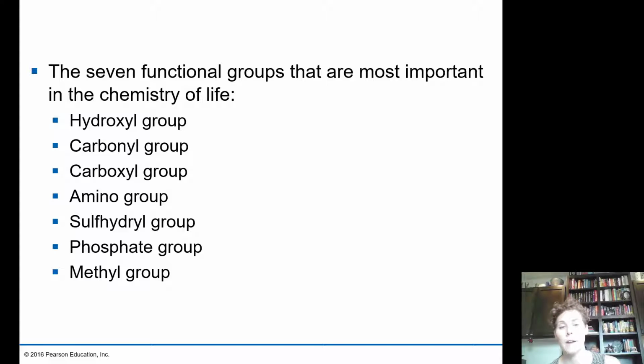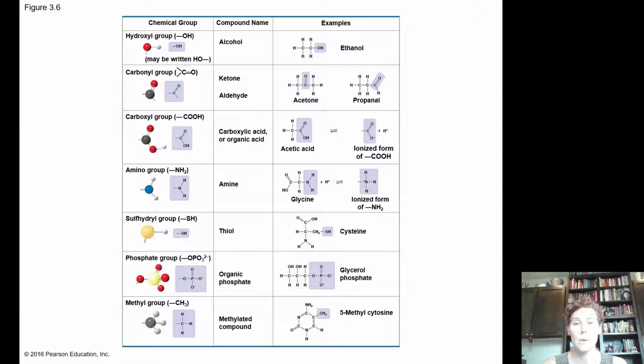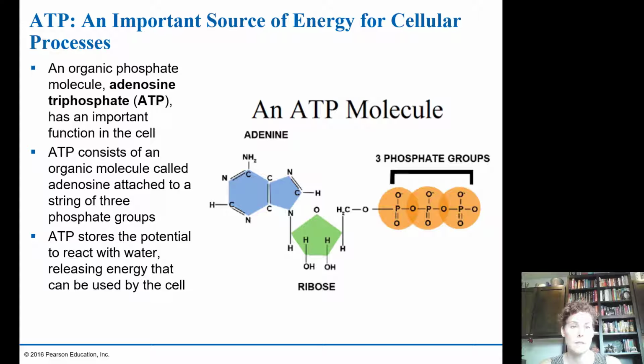Just understand that there are 7 important functional groups. The important number here is 7, and that by sticking these different functional groups onto carbon chains, it changes the chemistry and makes different, very important organic compounds. And in your book, you have a whole table that shows you what everything is, but I don't care that you tell me what that is for the exam.